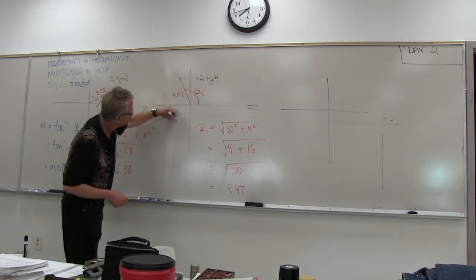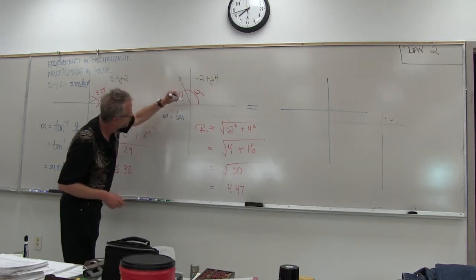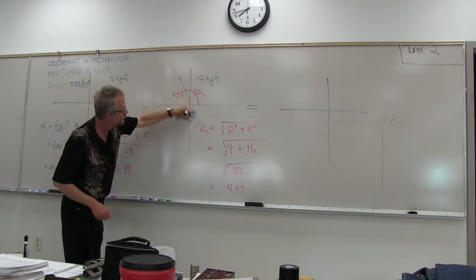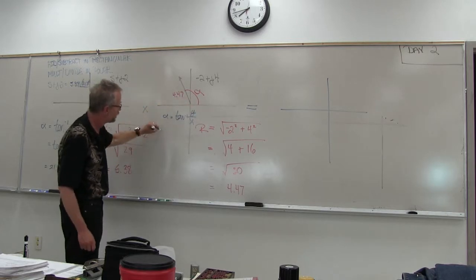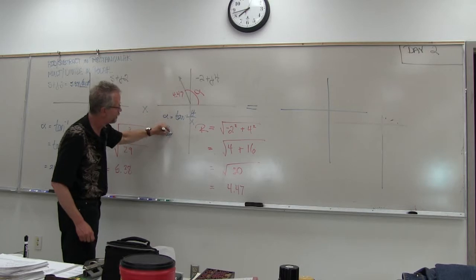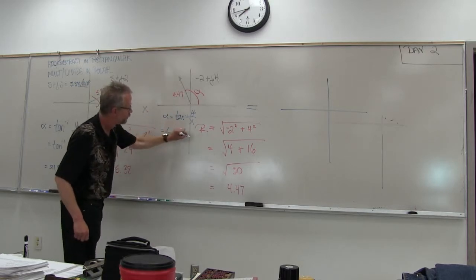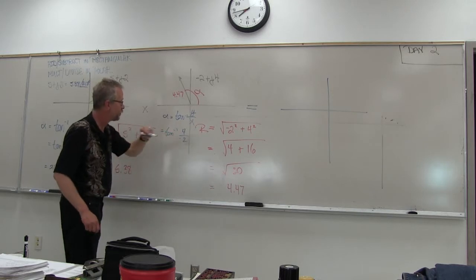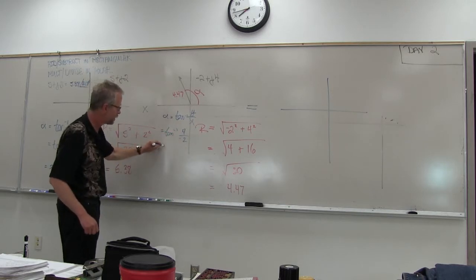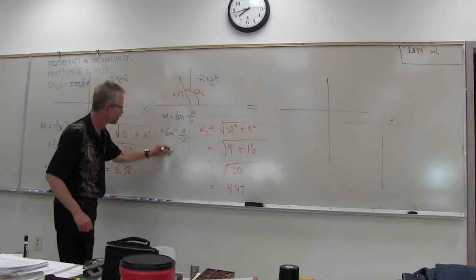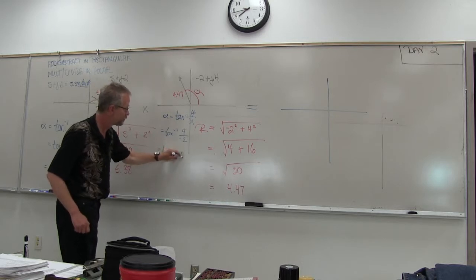The angle is equal to the inverse tangent of y over x, which is going to be equal to the inverse tangent of y, which is 4, divided by x, which is negative 2. So we're looking at the inverse tangent of negative 2.